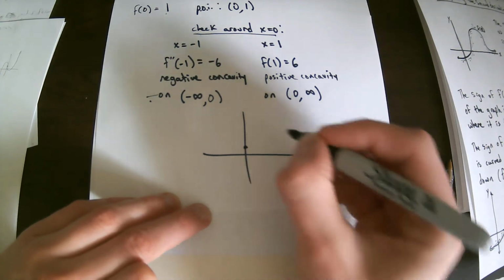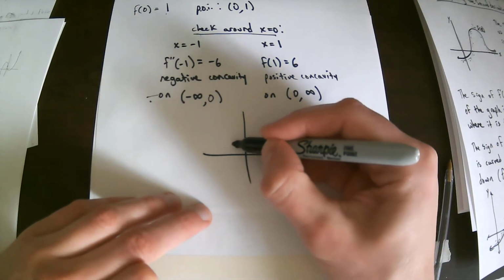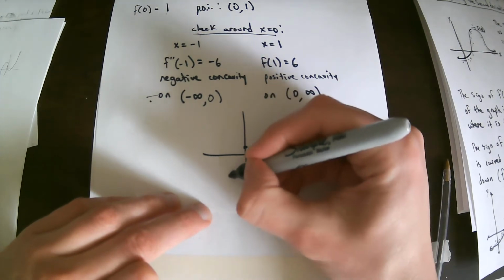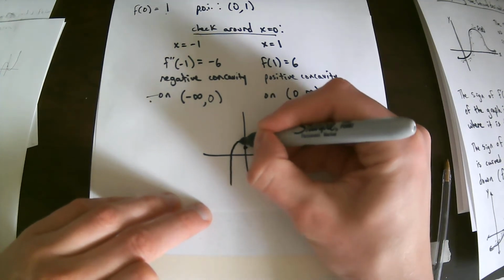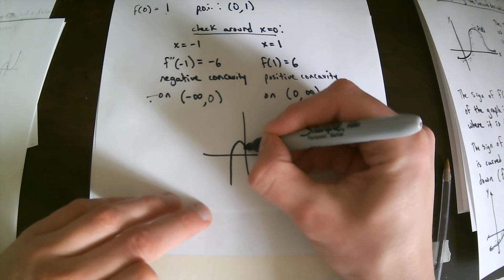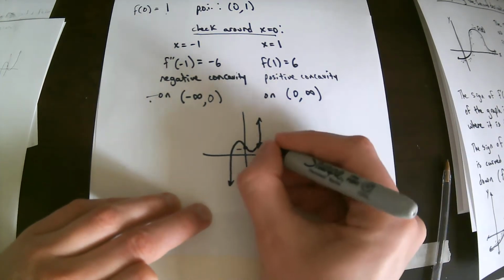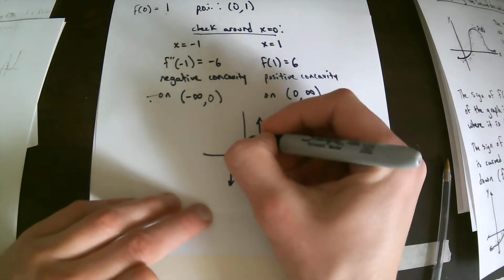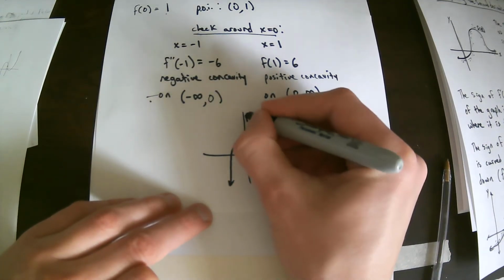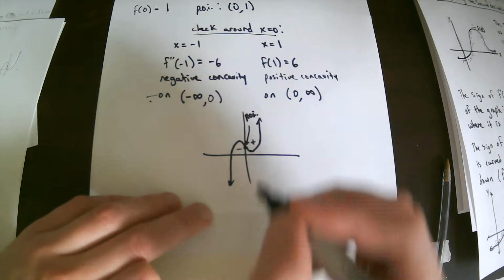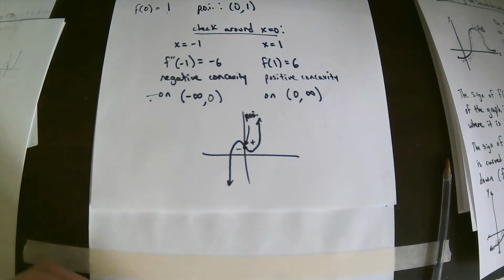So there's the point of inflection, and it's all concave down. Then it turns around. There's the steepest part in between, and it turns around and goes up. Something like that. There's my negative concavity and my positive concavity, and there's my point of inflection.